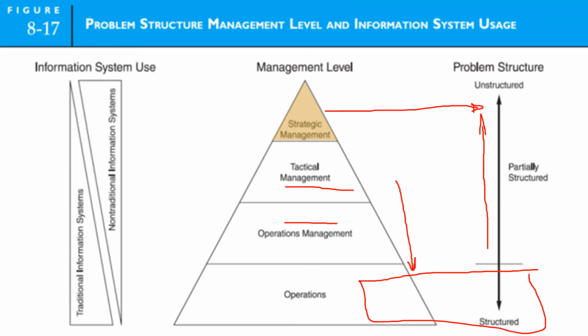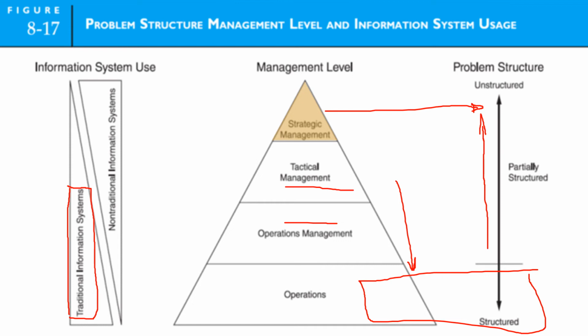Okay, so let's see what the style of information is. Here we have the traditional information system. This style is repeating, having procedures that already process the solution of the problem.